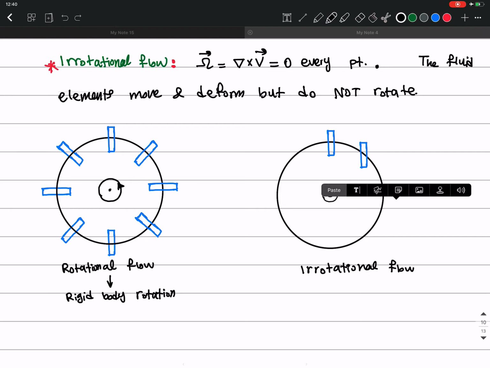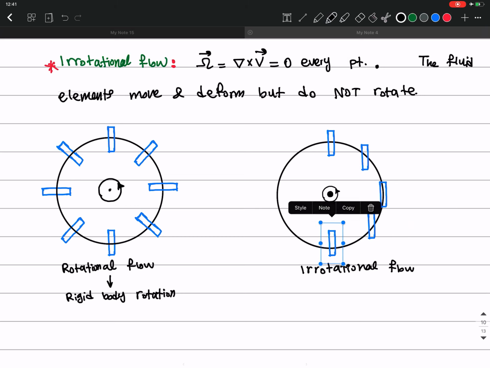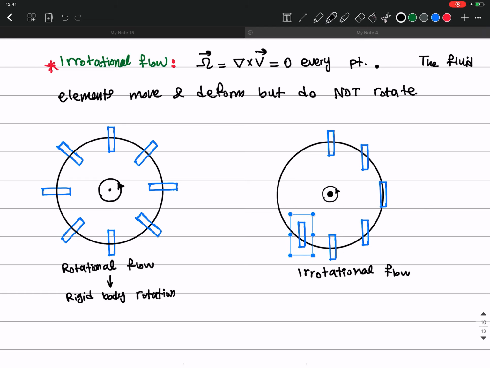So here it's going to be like this. Then here, and here.